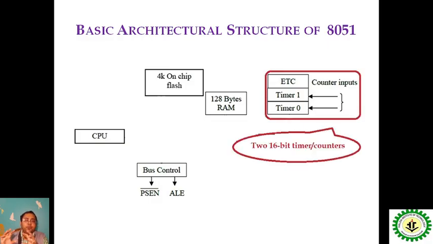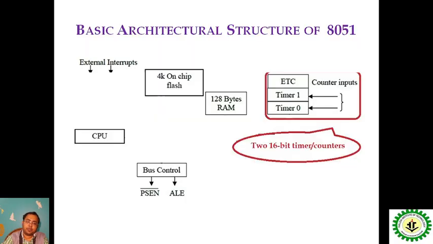To do so, the 8051 microcontroller has two 16-bit timers and counters, named timer 0 and timer 1. We can also call them counter 0 and counter 1. So it has two 16-bit timer counters that we can use for time delay generation and counting purposes.